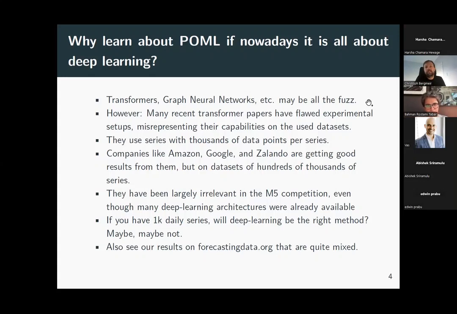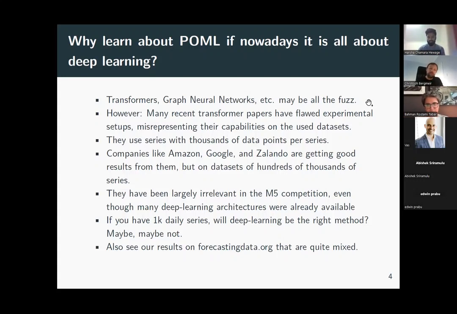Yeah. So why should we still look at plain old machine learning? When I say plain old machine learning, I'm talking about any machine learning that is not deep learning, things like gradient boosted trees and maybe even feed forward neural networks. So why should we still look into this if nowadays it's all about deep learning?